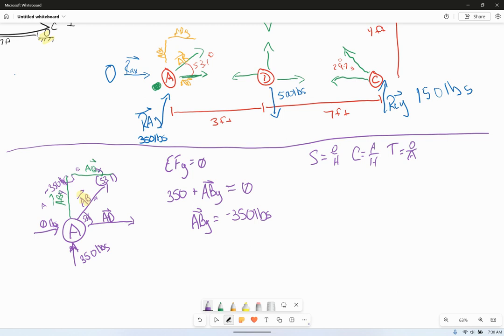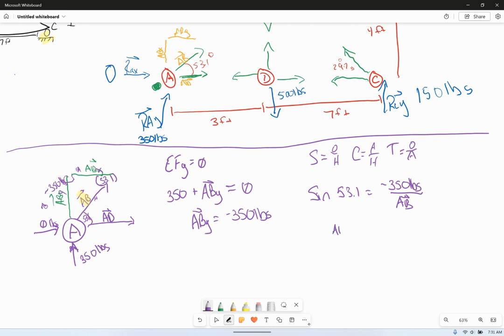So sine of 53.1 is equal to my opposite, which is negative 350 pounds, over my hypotenuse, the AB vector. So there's my hypotenuse. So what we are going to do is isolate this, so I'm going to multiply by AB.